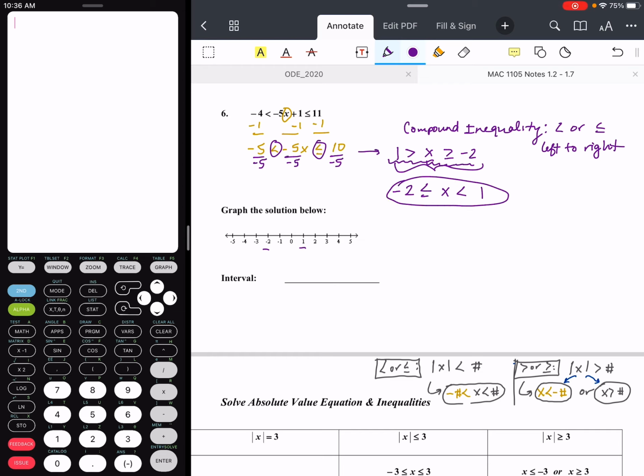So I want to rotate the whole thing around so that I can read it from left to right. And when I do that, you'll see that your compound inequality is written only with less than or equal to inequalities. Okay, so let's go ahead and graph this. -2, square bracket, +1, rounded parenthesis, and connect the two together. And in interval notation, square bracket, -2, 1, rounded parenthesis.